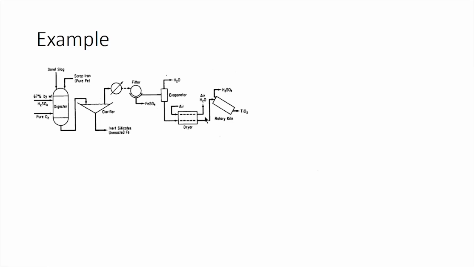Based on the stoichiometry for the water of hydration, we know that TiOSO4 dot H2O is the hydrated crystals. This implies 1 mole of TiOSO4 uses up 1 mole of water as the water of hydration.